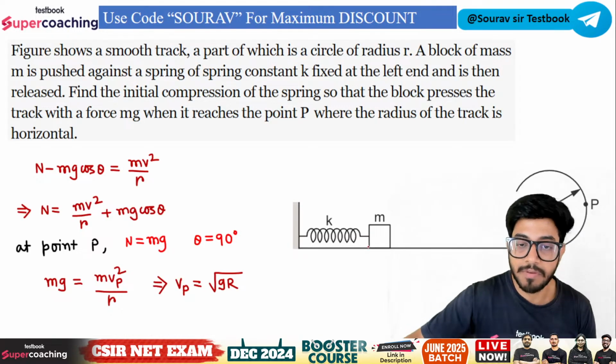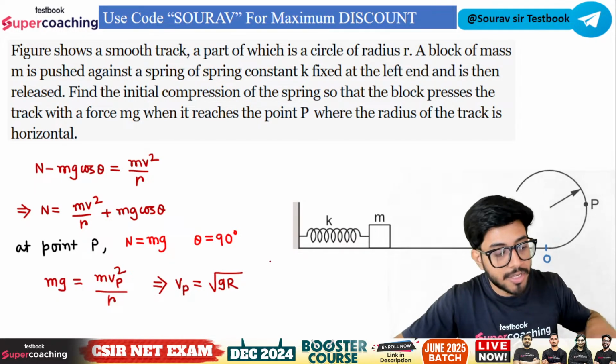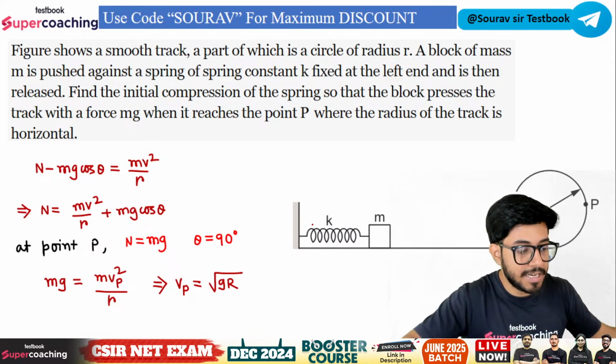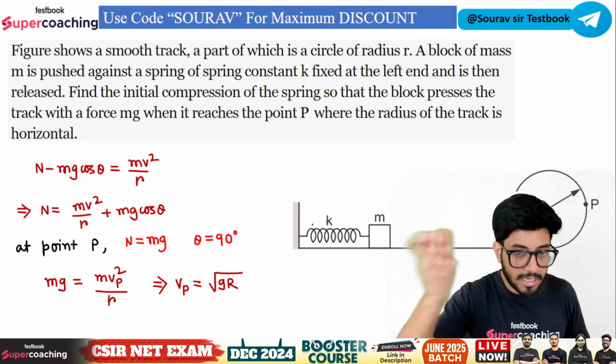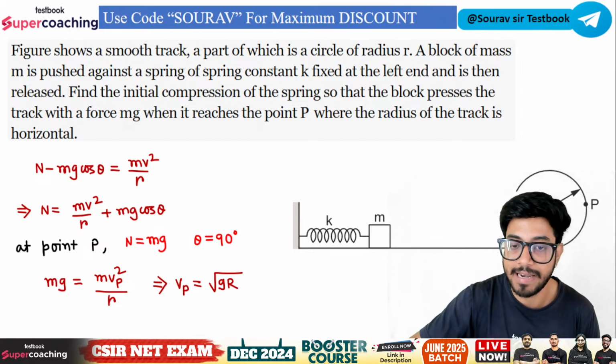Now initially the spring was compressed. When the spring was compressed, say by a distance x, so half kx square, that entire energy will be converted to the mechanical energy or the kinetic energy.